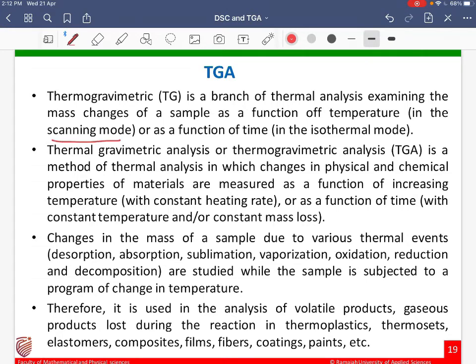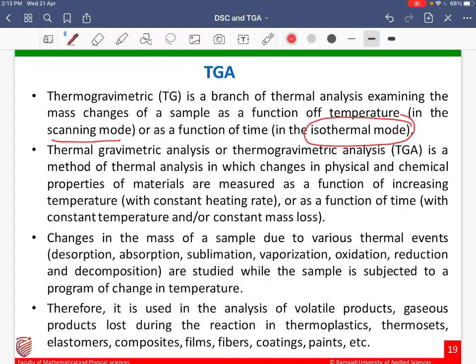If you are scanning time and keeping the temperature constant, we call it isothermal mode TGA. If you are changing the temperature and finding the mass change, that is the temperature scanning mode experiment.